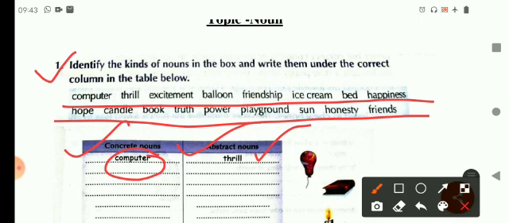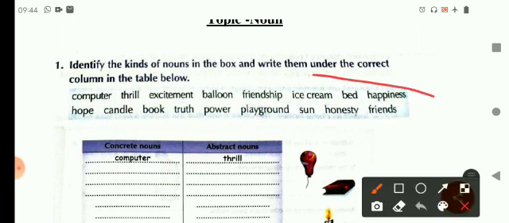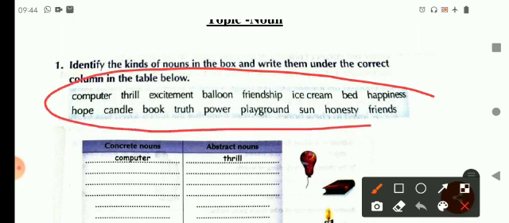And the nouns that can only be felt come under the abstract noun. So here these are a mixture of abstract and concrete nouns, and you have to separate them and write them under the correct column. Okay, I'll do one for you all.